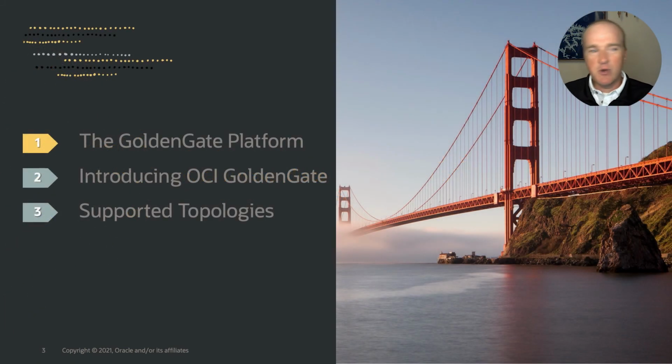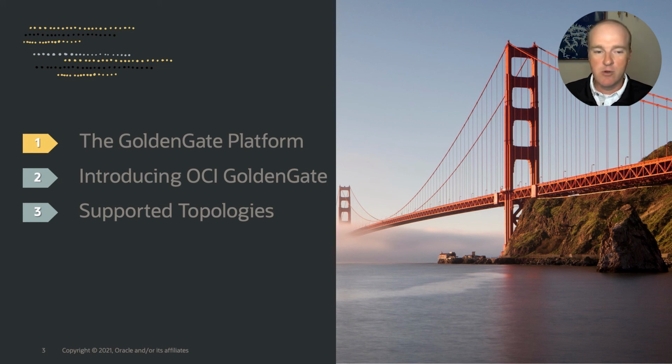So today I really only have 30 minutes, just checking the time there, but 30 minutes and a pretty packed agenda, even though just 3 bullets here. But first I wanted to walk through the GoldenGate platform and level set all of this, but talk through what is GoldenGate and what does GoldenGate provide for us. And then we'll get into OCI GoldenGate, our newly released native managed service on GoldenGate.